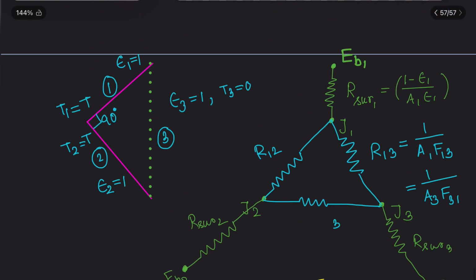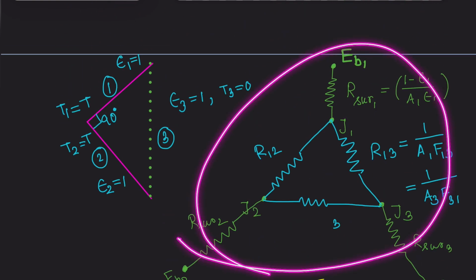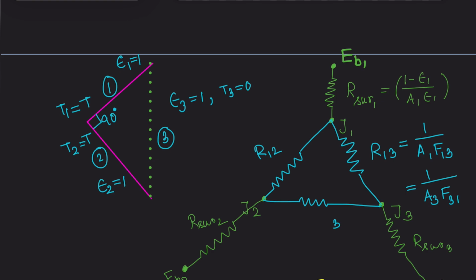Now see, if this was the original network, then at any surface the net radiation heat transfer would be indicated like this. So through surface 1, you know that my Q1 is equal to EB1 minus J1 by my R surface 1. That means whatever will be flowing through this will be the net radiation heat transfer.